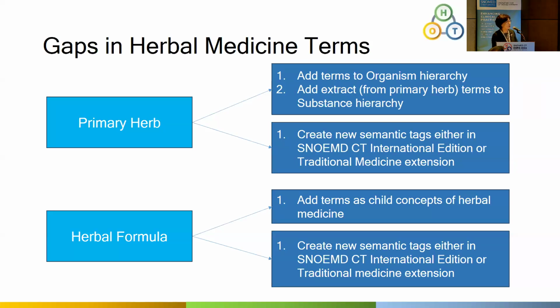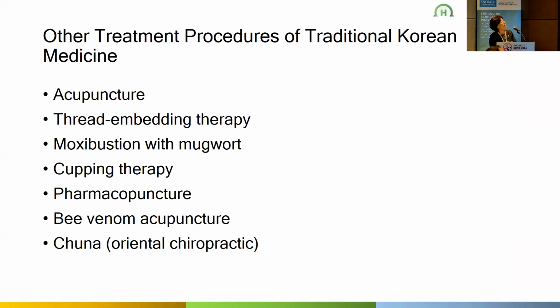Regarding herbal formula, we could add terms as a child concept of herbal medicine. But if we want to come up with very detailed information, for example, how many milligrams, how many grams, that's a totally different issue. Then we need to go to medicinal product and clinical drugs and things like that. But I'm really talking about the overall picture here. Or we can create a new semantic tag either in the international edition or the traditional medicine sub-ontology.